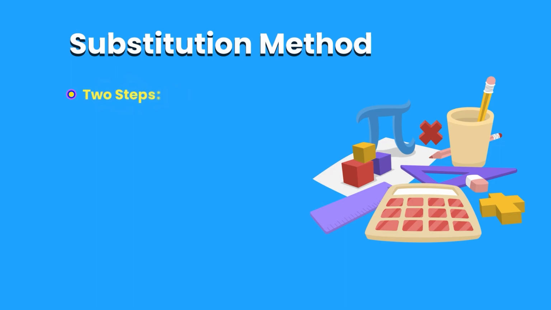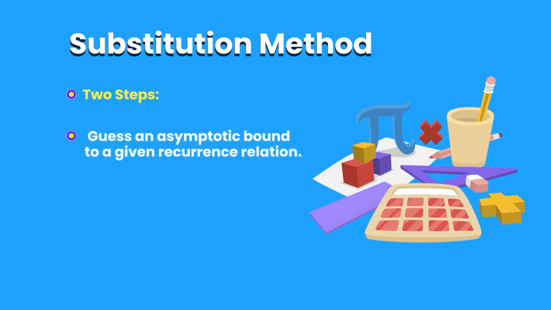In the first step, we guess an asymptotic bound for a given recurrence relation. Our answer will be an asymptotic bound, that is, we will represent it in big O notation or big theta notation.